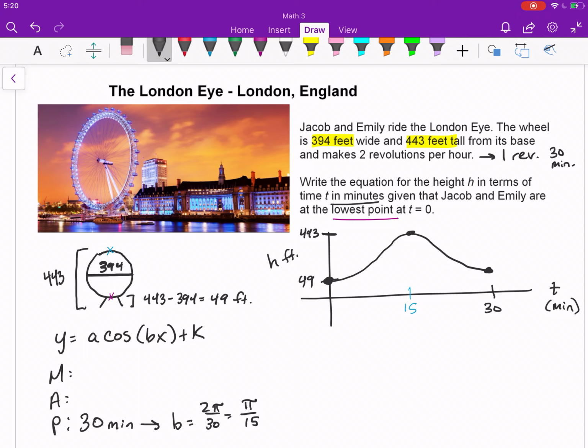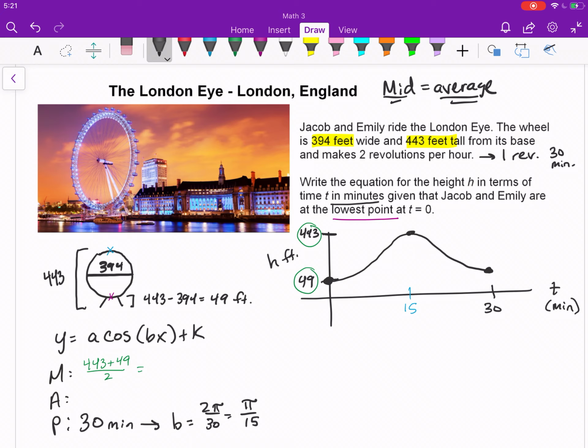Okay, midline, this is where I told you my little trick is going to help us. Our highest point is 443 and our lowest point is 49. So if I take 443 and add it to 49, then divide by 2, I'm going to find the midline, which, by the way, on your homework in some of these word problems, they won't call it the midline. They'll sometimes call the midline the average. If you see the word average, it means the same thing, that they're asking you to find the midline.